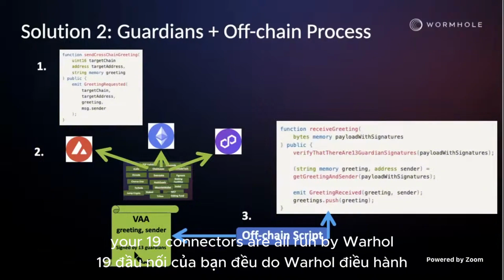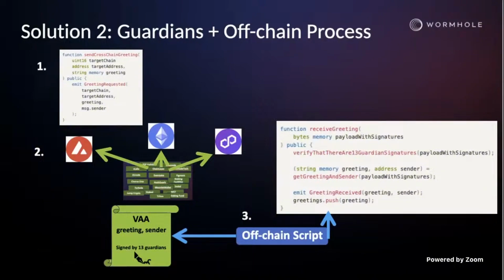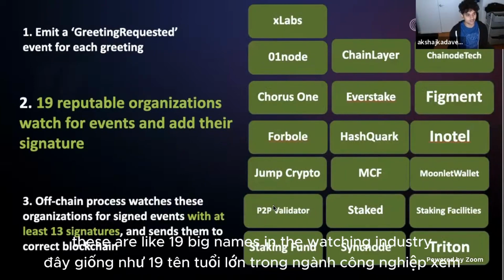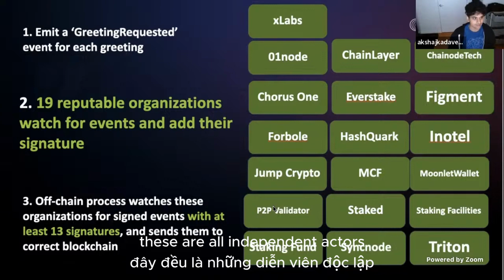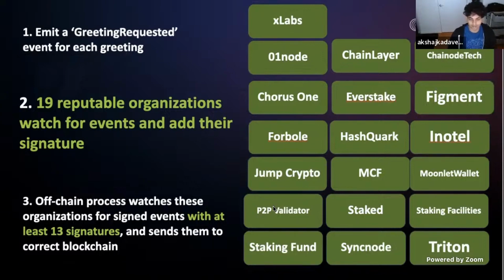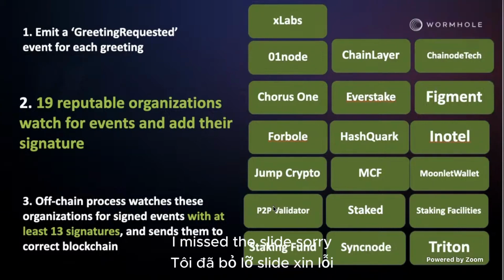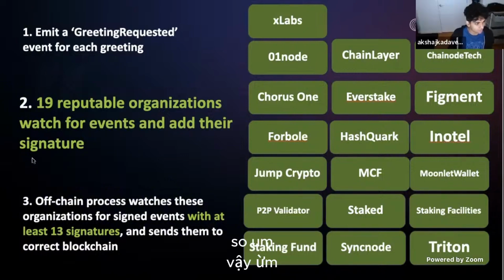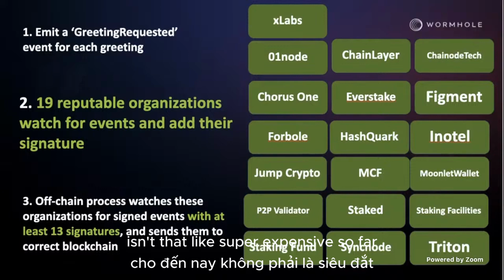And these 19 connectors are all run by Wormhole? No, these are 19 separate entities. These are like 19 big names in the blockchain industry. These are all independent actors. Isn't that super expensive?